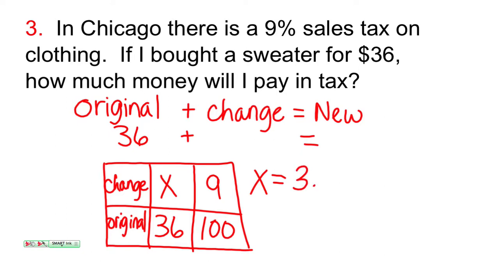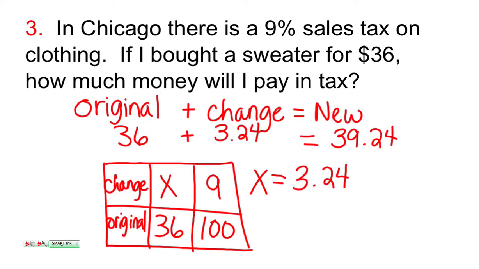X is 3.24. So that is your change, which means you have to put that up in your original sentence here. 36 plus 3.24 is going to give you 39.24. $39.24 is the cost of the sweater.